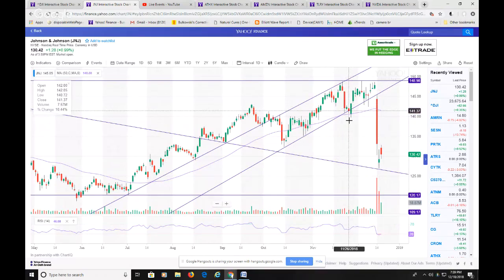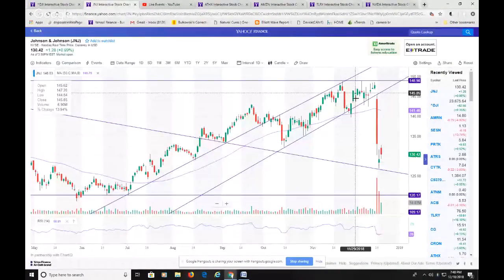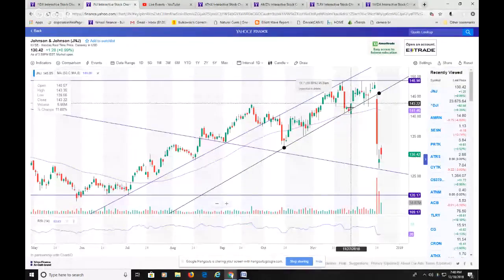Let's do some engulfings. Here's an engulfing right here on 11/27/2018. This big green candle engulfs the entire red candle to the left of it, and the bodies are engulfed. The implication here is that we get a rally beginning the next day, and we do.